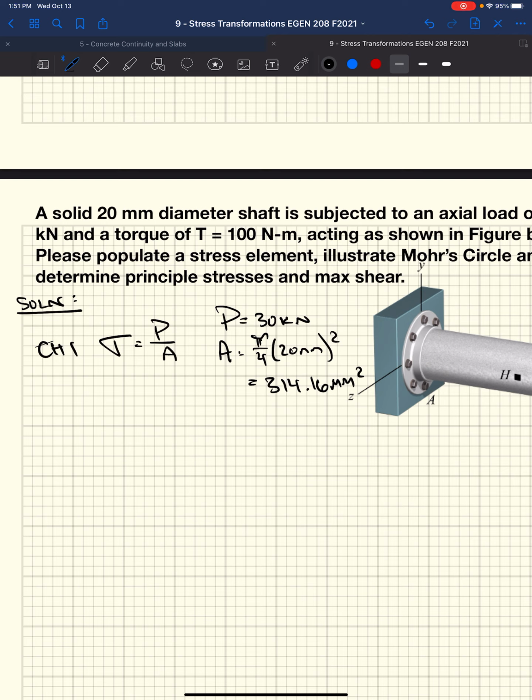Okay. So that results in a normal stress of 30,000 newtons over 314.16 millimeters squared. We get 95.5 megapascals.